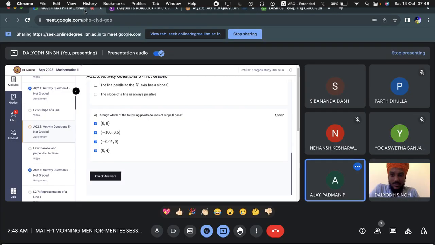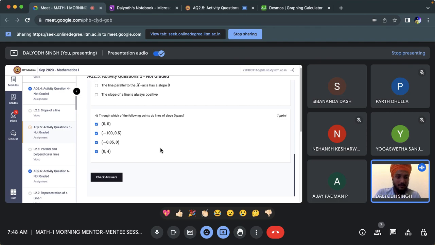So this is how you have to interact with me, right? Actually, if we are interacting with everybody, not only with the mentor but even with the mentees, that also helps sometimes. Something which I don't understand, maybe somebody else who has done this can help, because it's been a long time since I studied maths.